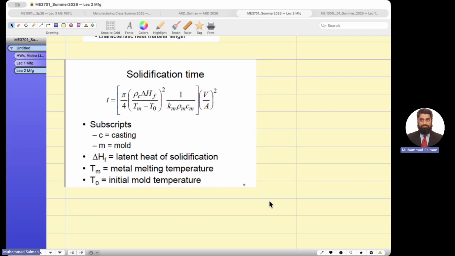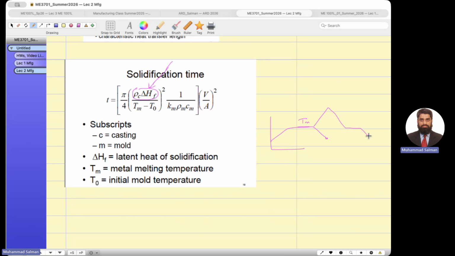This is when you pour the metal at the melting point. But what if you increase the temperature beyond this point and then pour it?